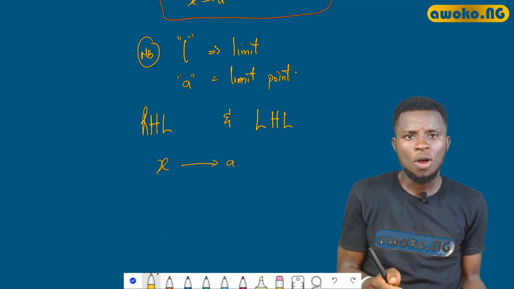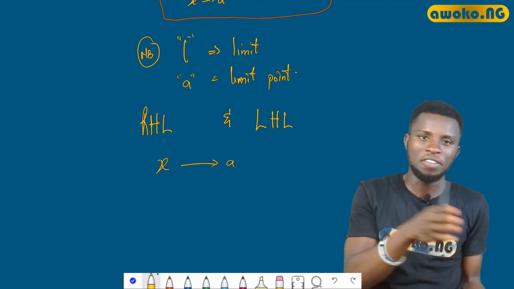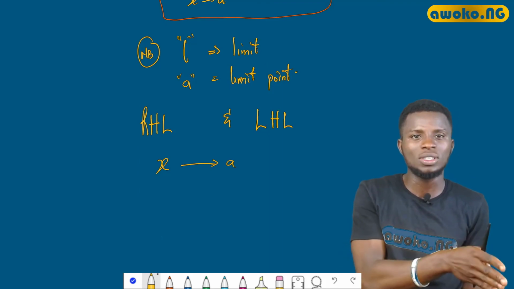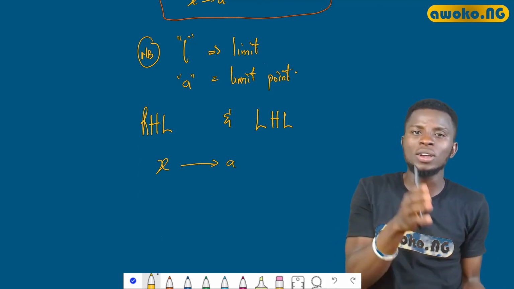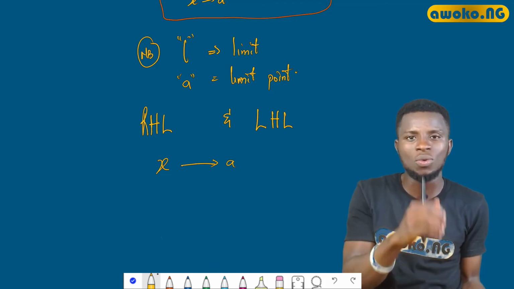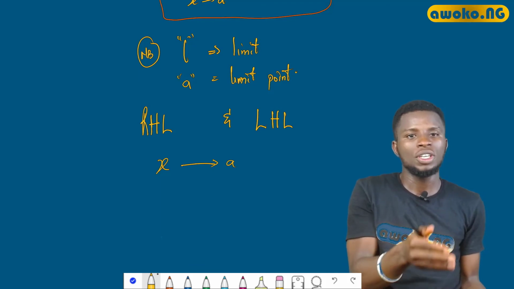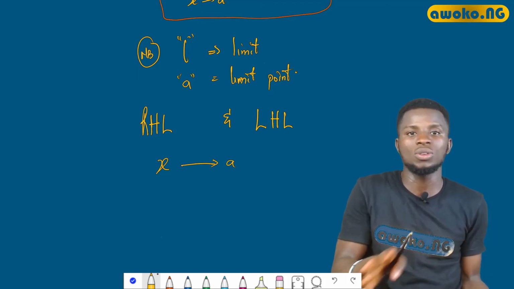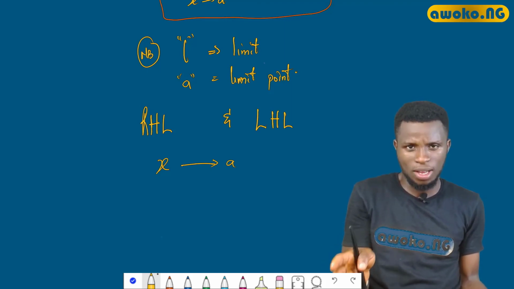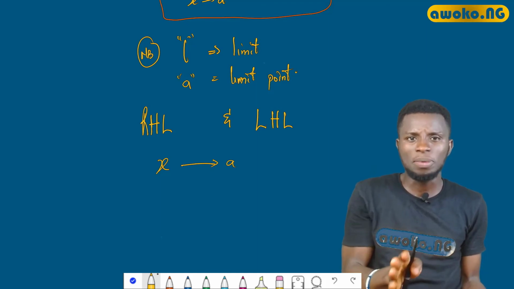In physics we talked about scalar and vector quantities. We said vector quantities have direction, while scalar quantities don't have direction. When we are dealing with the direction of a particular quantity, we talk with respect to vector. But if you're just dealing with how the quantity looks like, we talk about scalar. I'm sure I'm correct. So the same thing is applicable here.